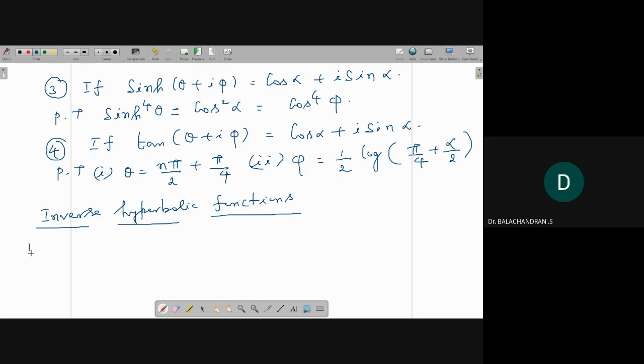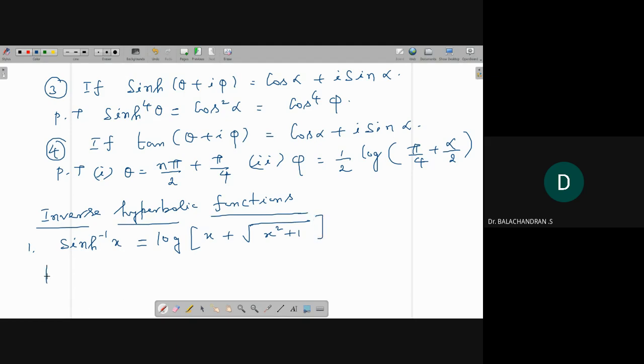So the first result: sinh inverse of x equals log of x plus root of x squared plus 1. Okay, so we can prove this result.